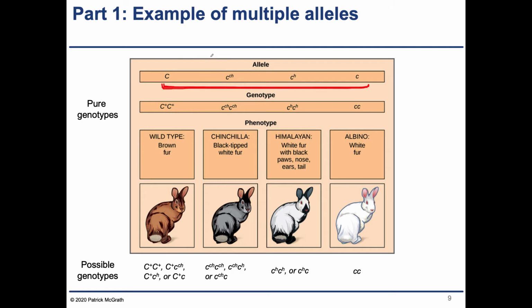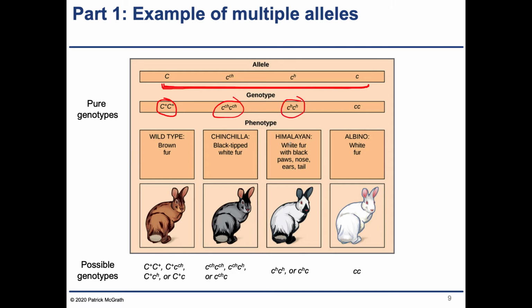And so the genetic basis of this was figured out because there are actually 4 different alleles segregating in the population. If you're homozygote for this wild type C plus allele, you will have brown fur. If you're homozygote for the chinchilla allele, you'll be chinchilla.